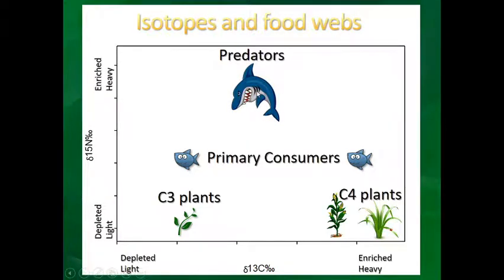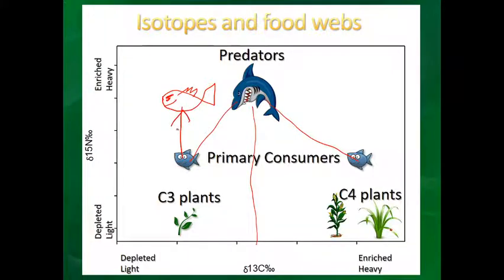Well, since its carbon signature is in the middle, we know it's eating basically 50% this and 50% that. If we were to have some sort of fish here, make it an angry fish, some sort of predator that is showing up here, then we would know it was only eating fish A and not fish B here.